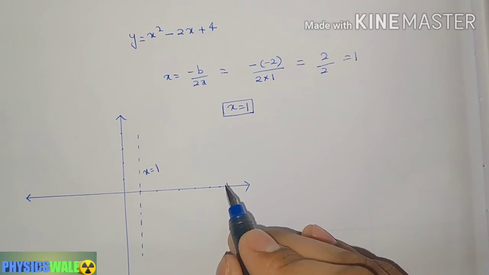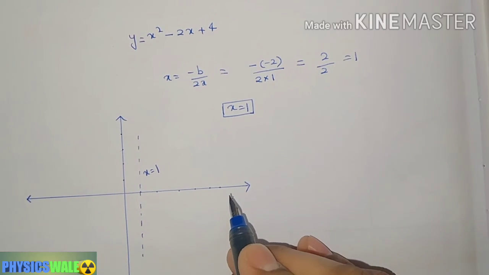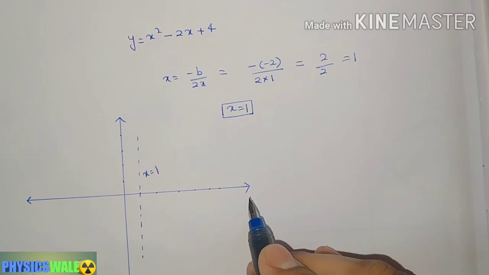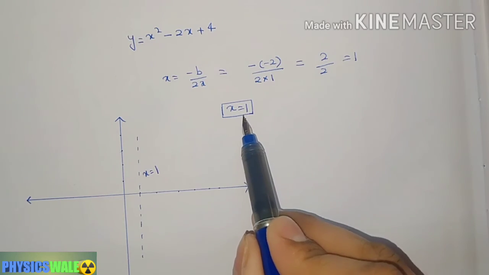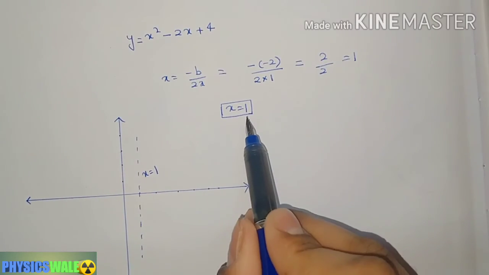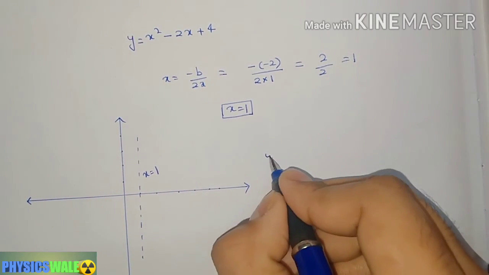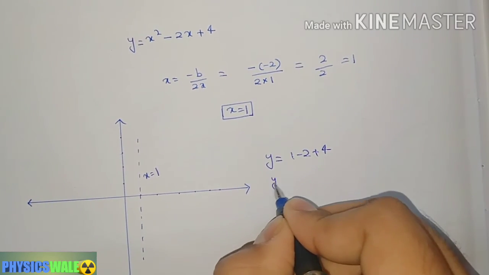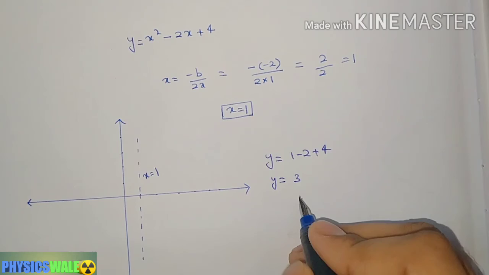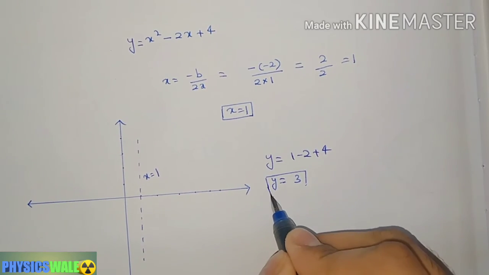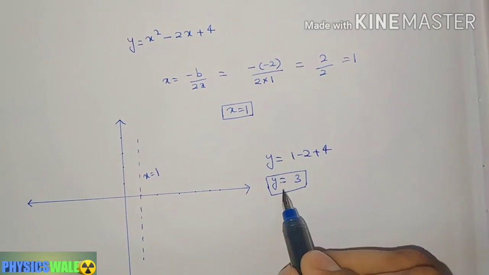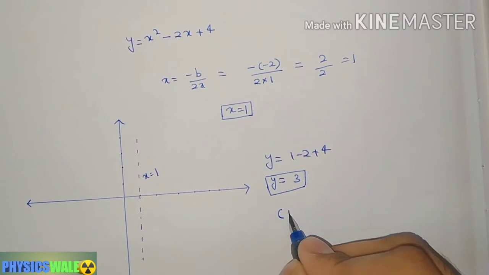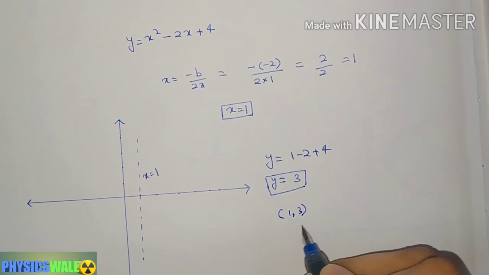The second step is to find out the vertex of the parabola. The vertex of the parabola can be found out by putting this value of x into the equation. At x is equal to 1, y will be 1 minus 2 plus 4, that is y will be 3. So x equal to 1 and y equal to 3, that is the coordinate 1 comma 3.